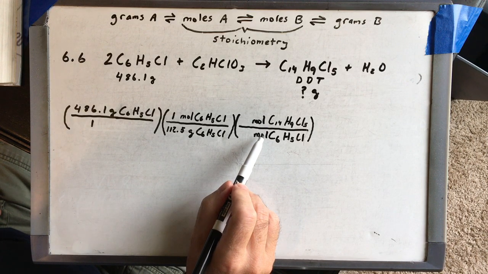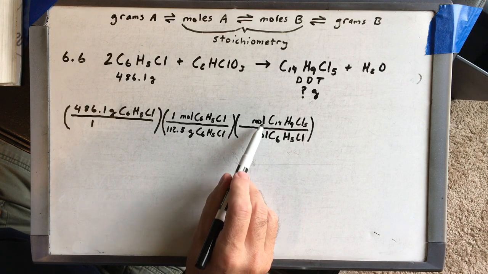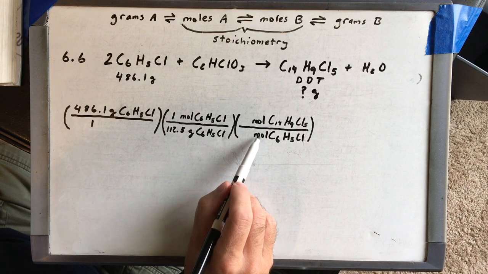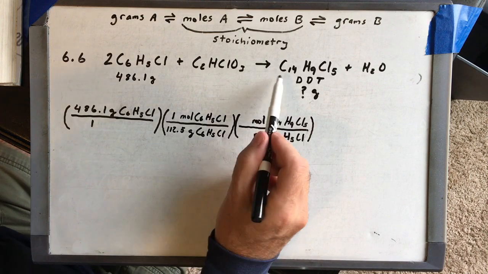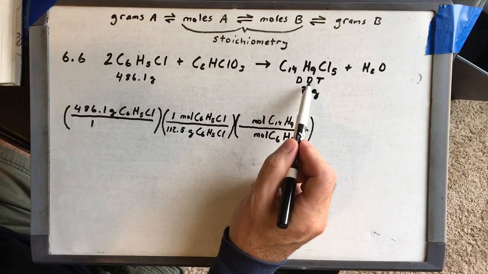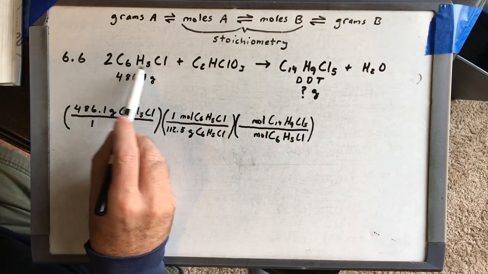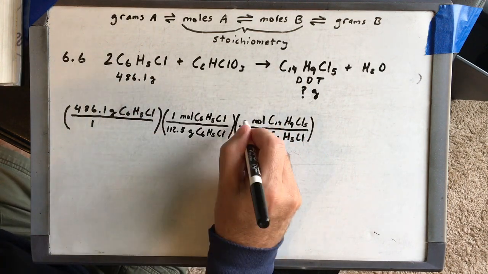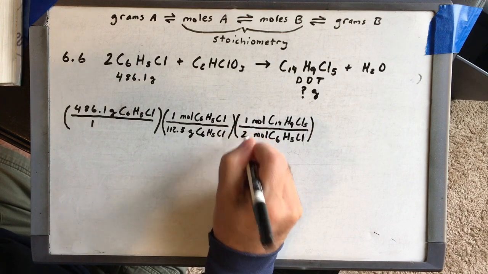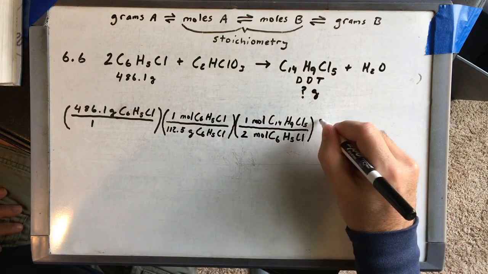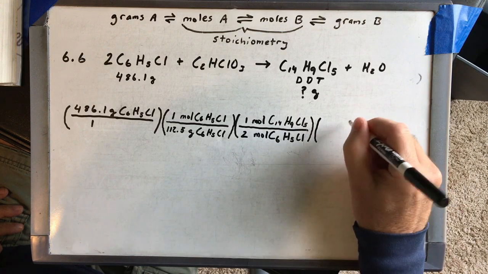Okay, so this is the stoichiometry part. So we just use the coefficients. The coefficient in front of the C14H9Cl5 is 1. The coefficient in front of C6H5Cl is 2. So 1 and 2.